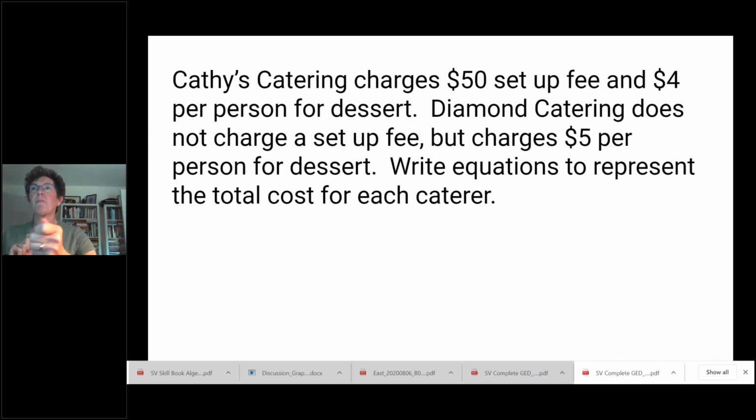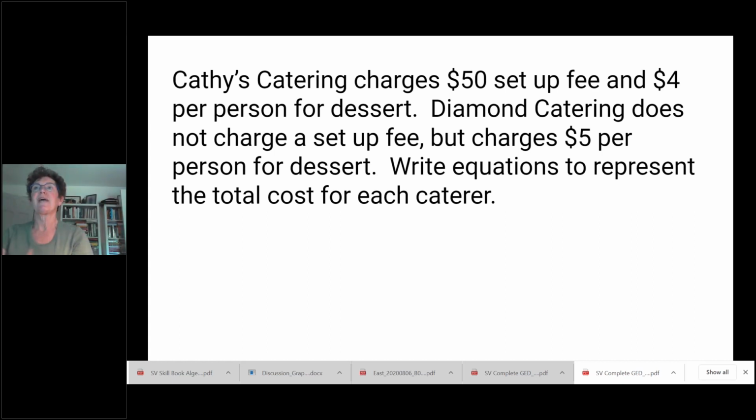And then my first person comes and I owe them $4. So if all I've done is have them set up and had one person come, together I owe them $54. The next person comes, I owe them another $4. So now I'm up to $58. The third person comes, I owe them another $4. So now I've got $62.